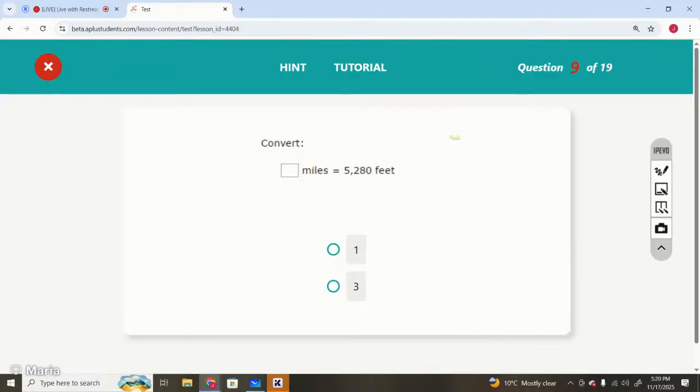5,280 feet equal how many miles? 5,280 feet equal 1 mile.